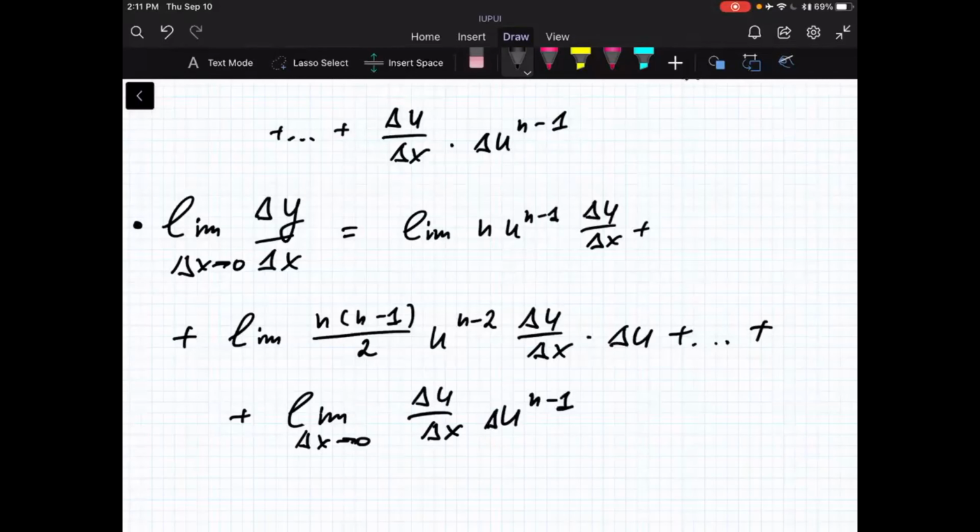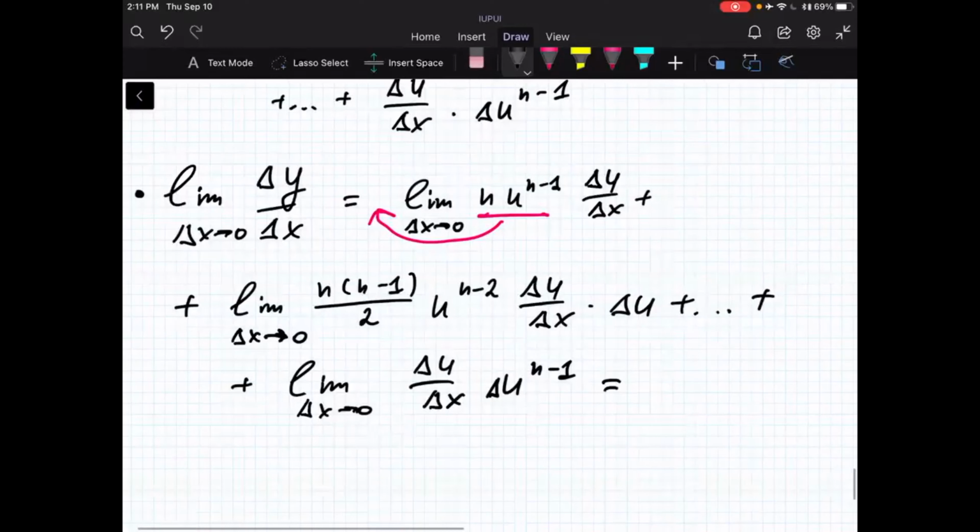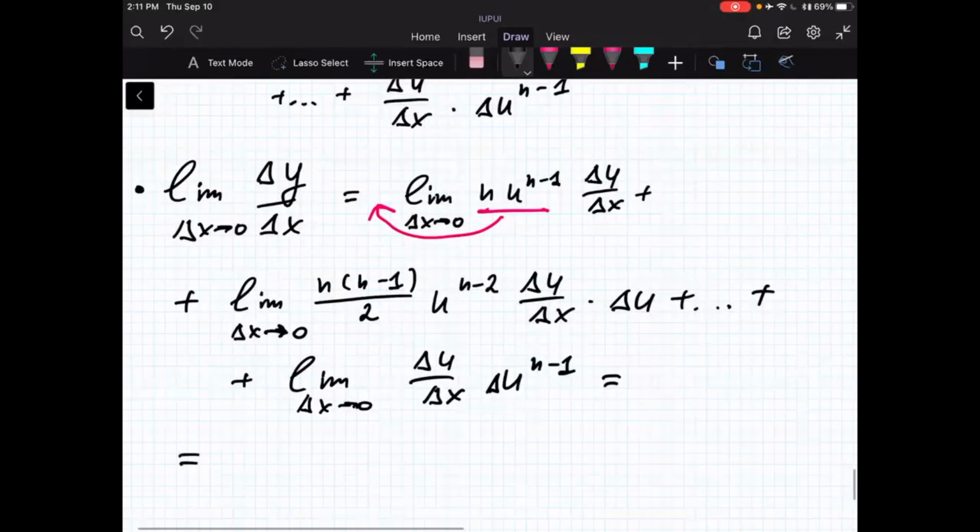And what happens? Again, this doesn't depend on delta x, so I can put it outside of the limit. And what I'll get is the limit of delta u divided by delta x, which is by the definition the derivative. So the first term gives me n times u to the power n minus 1 times the derivative of u.